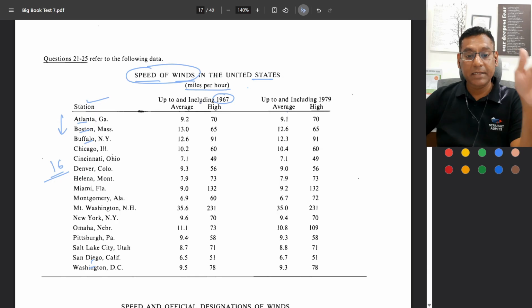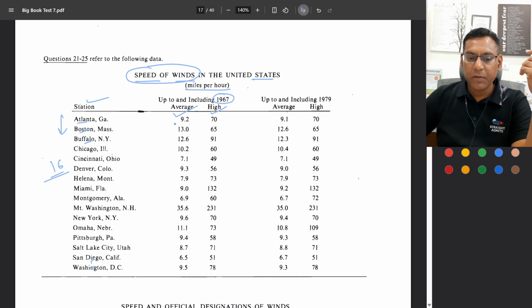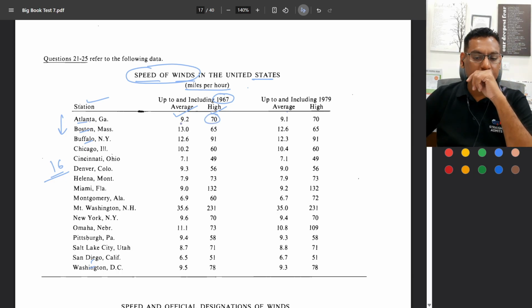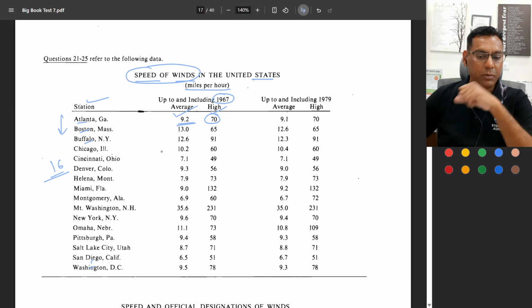Till 1967, what was the average, what was the high? Let's say Atlanta, x number of times they took this calculation. The highest that they found till 1967 was 70 miles per hour. The average was 9.2. Every time they took the reading, the average of those readings was 9.2, and similarly like this.